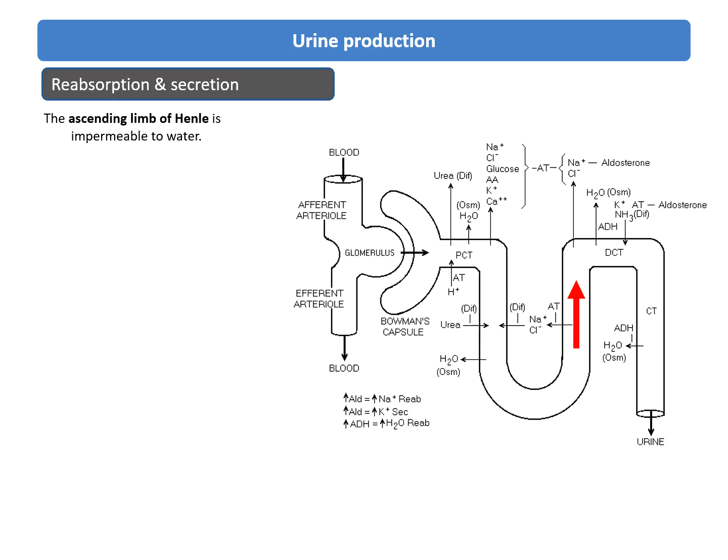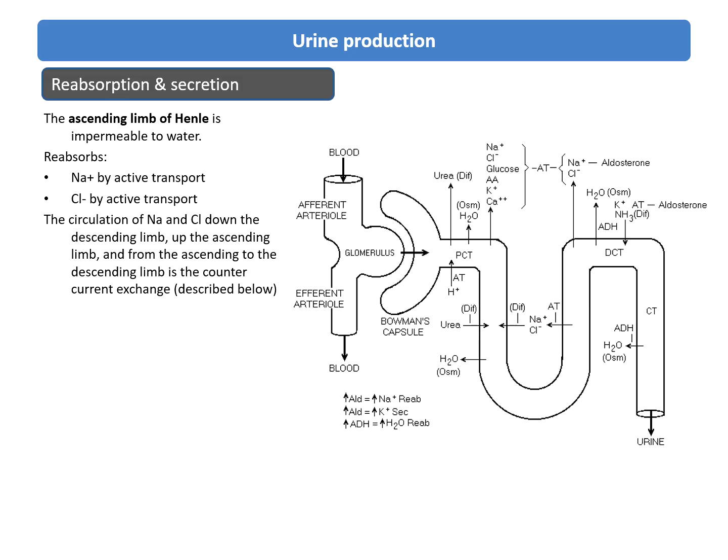The ascending limb of Henle is very unique because it's impermeable to water. It's one of the few membranes among living systems that does not allow water to cross. It reabsorbs sodium by active transport, chloride also by active transport. Remember, it follows the sodium.